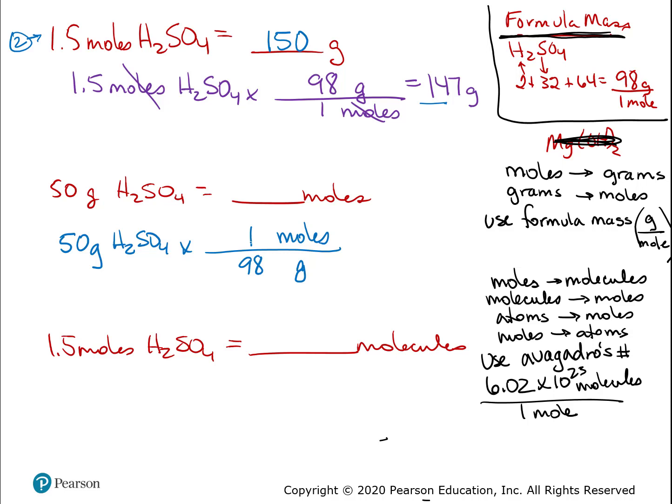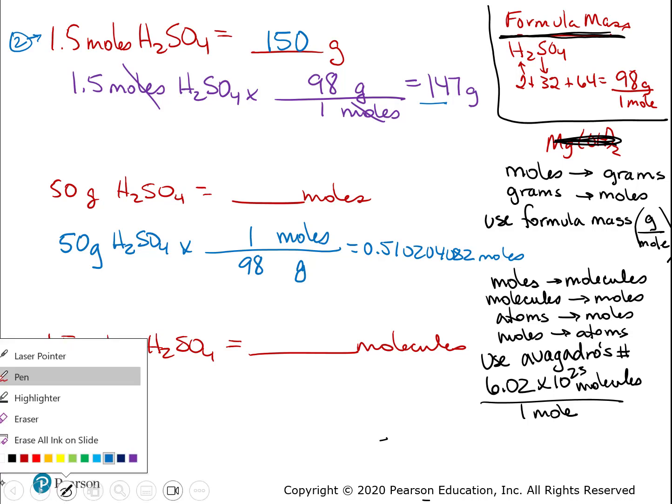So 50 divided by 98 gives me 0.510204082 moles. Can I keep all that? No, it's way too exact. How many significant figures in my problem?